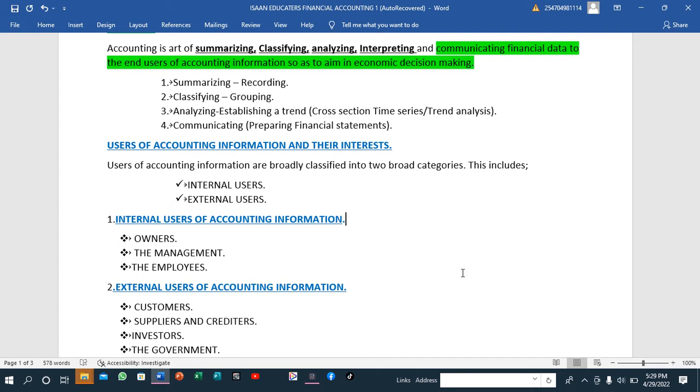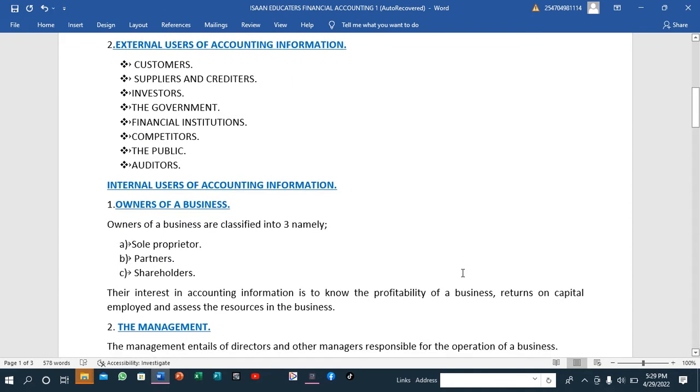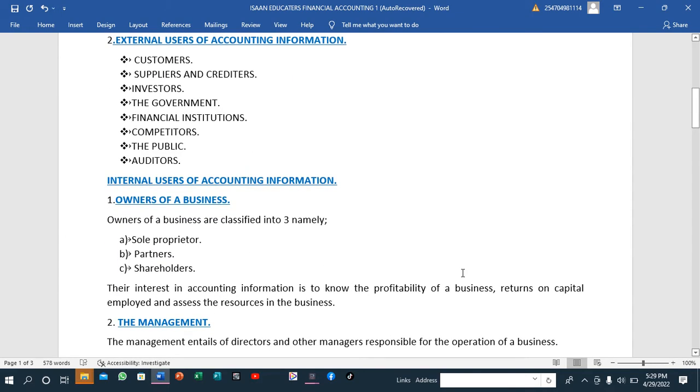The internal users are the owners, the management, and the employees. For the external users, you have the customers, the suppliers and creditors, the investors, the government, the financial institutions, the competitors, the public, and lastly the auditors.